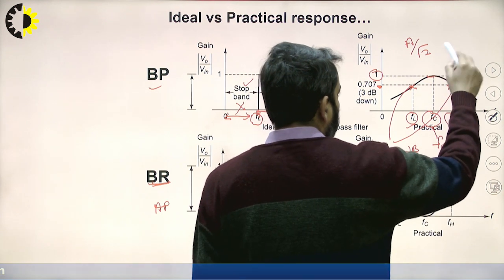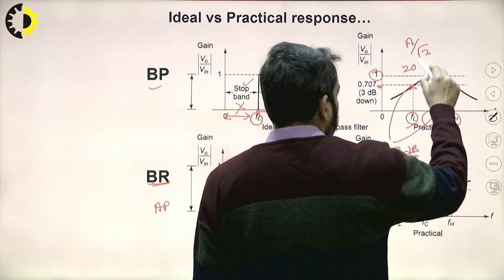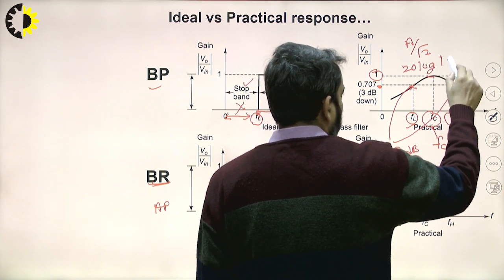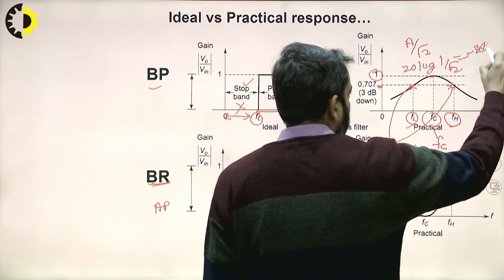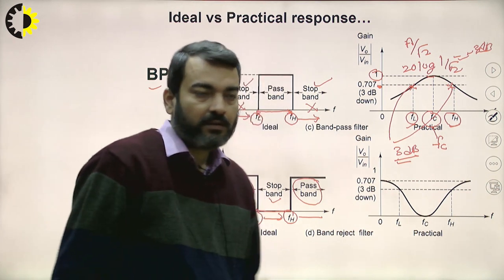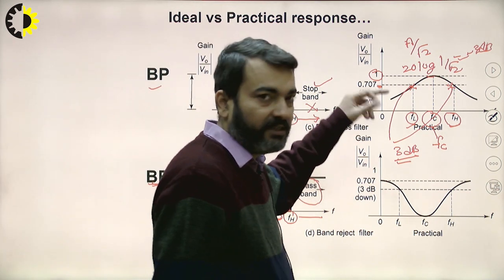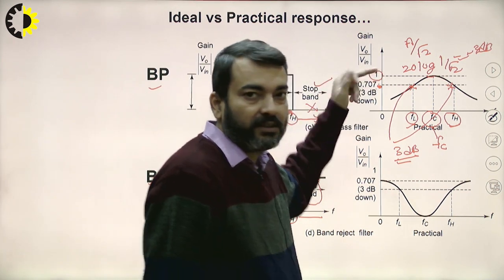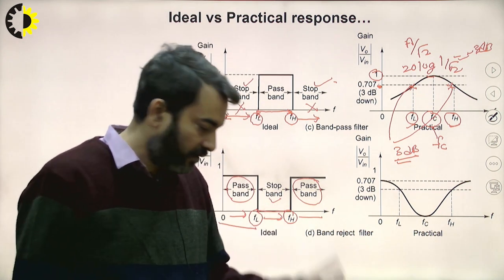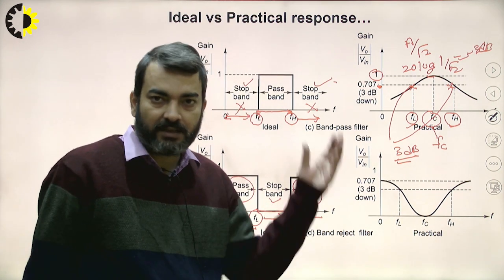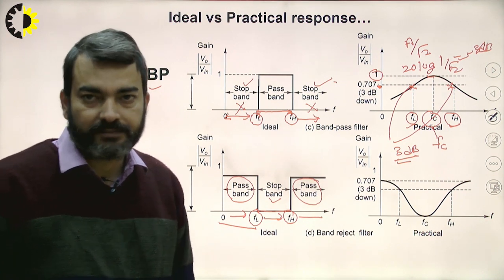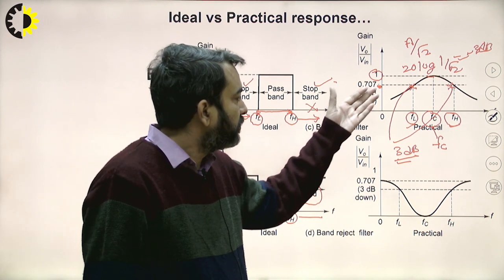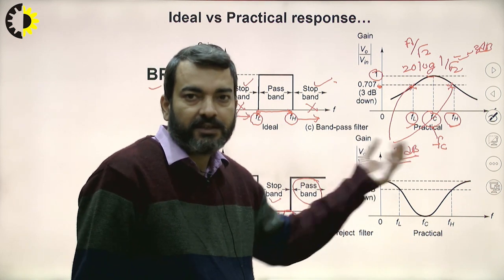Reason, if we will take 20 log 1 by root 2, so this will come as minus 3 dB. So gain at this point is 3 dB below the highest gain. So this corner frequency or cutoff frequency, and same definition holds in case of low pass and high pass and band reject also. So this is also called 3 dB points.